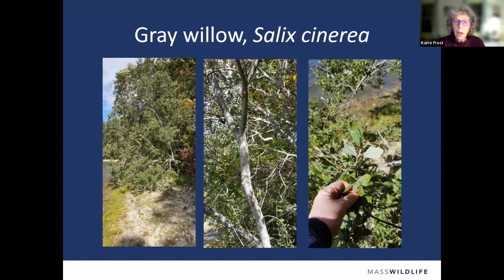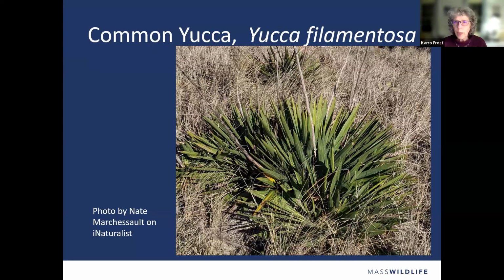Because it's taking over the pond shores, we're not getting the rare species that like to grow in that unusual community. Another one that I'm concerned with, that is not listed yet and is not native here, is the common yucca, Yucca filamentosa.